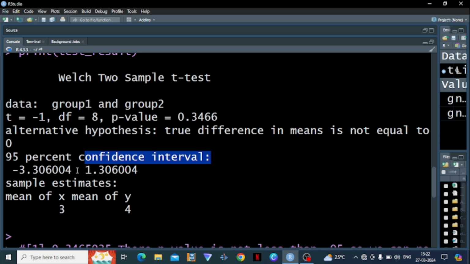Zero means that the coefficient is zero. So we fail to reject the null hypothesis because there is a zero in the interval. So this is another way of concluding the result, like a validation.